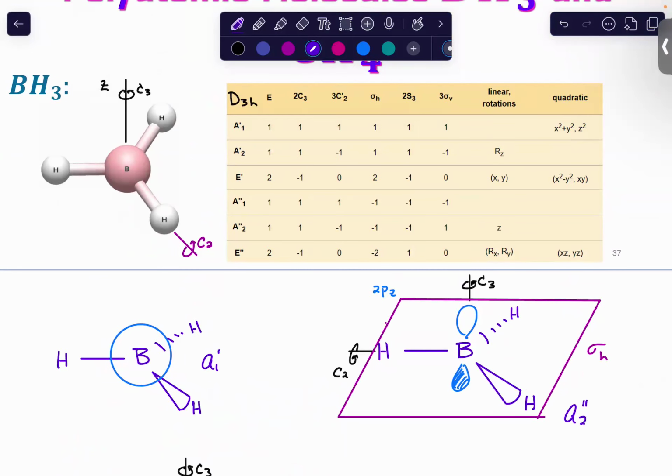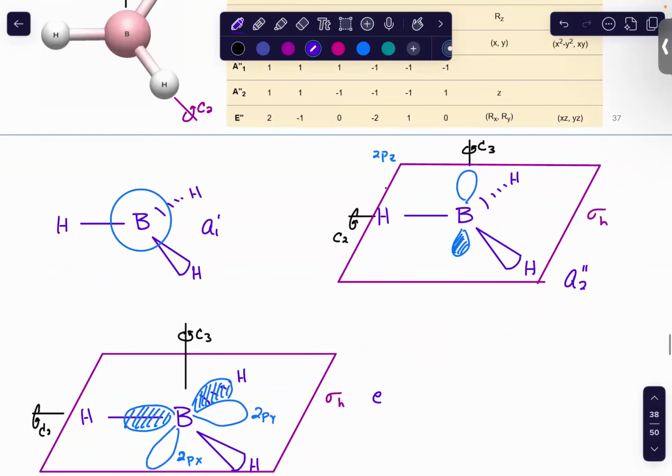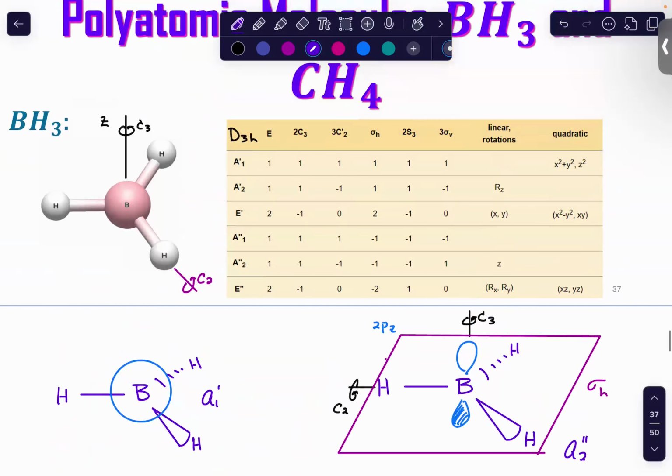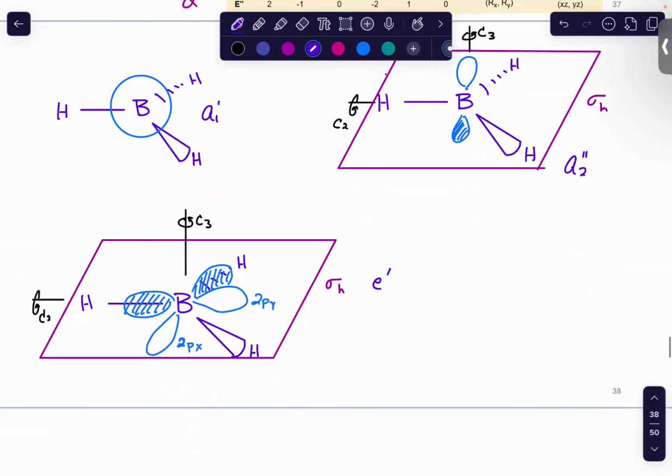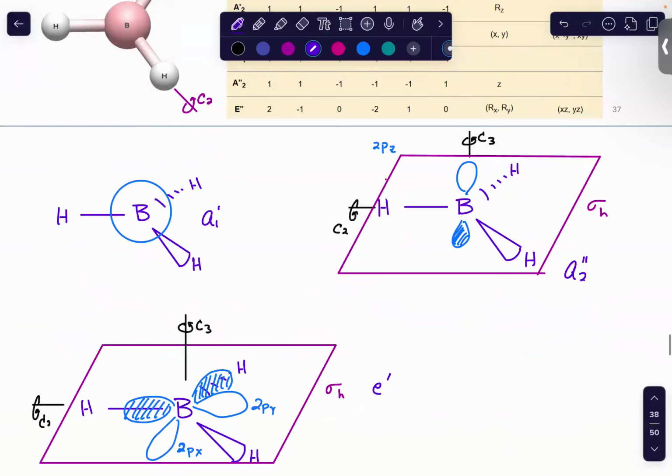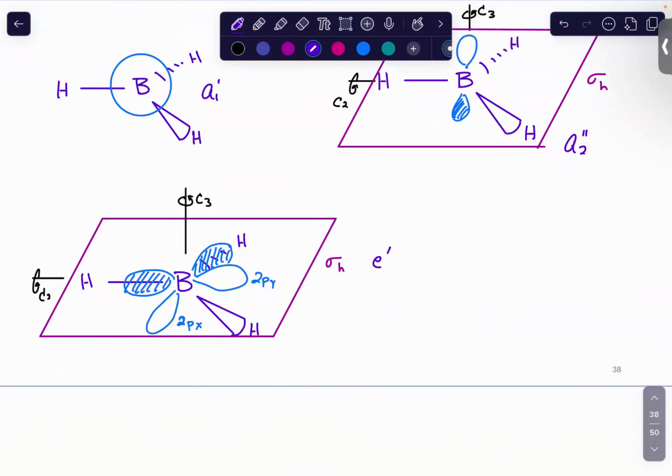So I guess we'll get E double prime, right? Wait, oops, E prime. Yep, E prime. The others you can reason out. The S3, if the C3 is a -1, the S3 is going to have to be a -1. And then your sigma V's, of course, are going to cause -1s. So this ends up having to be our E prime symmetry.